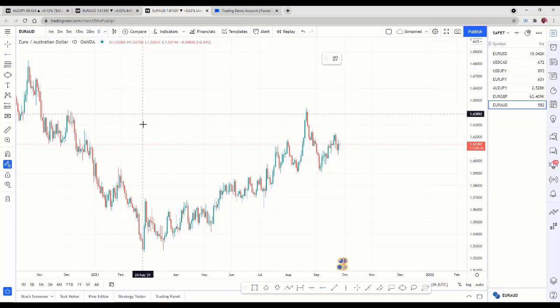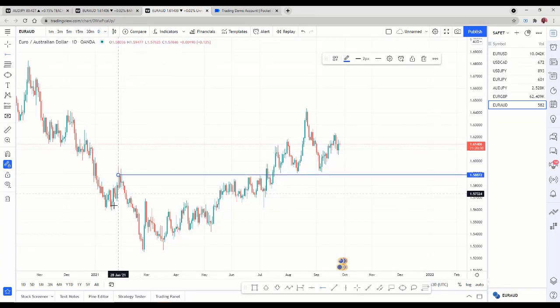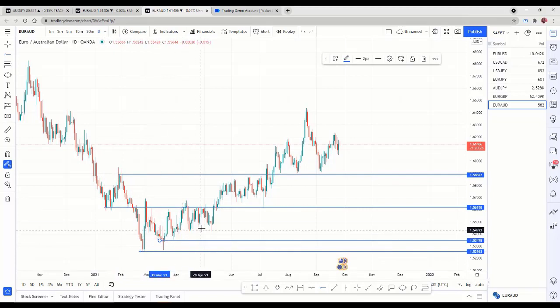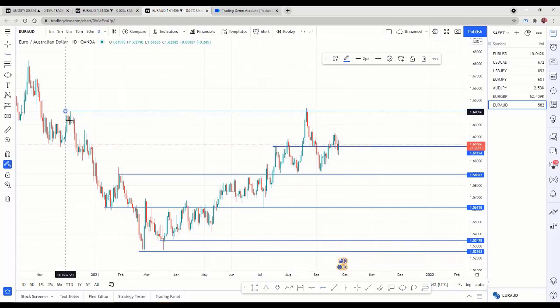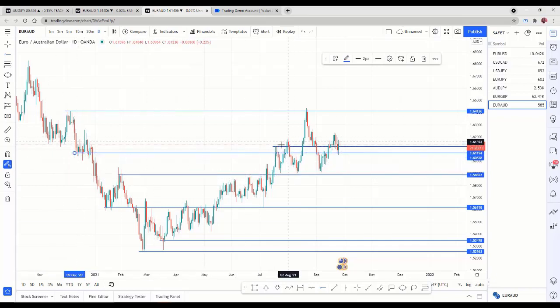Take for example, this is one day. If we want to look at support in one day, we need to be looking at this high point, this low point, low points, high points. As I'm doing it here, you are seeing how it's happening. That's one of the things we need to be looking out for.